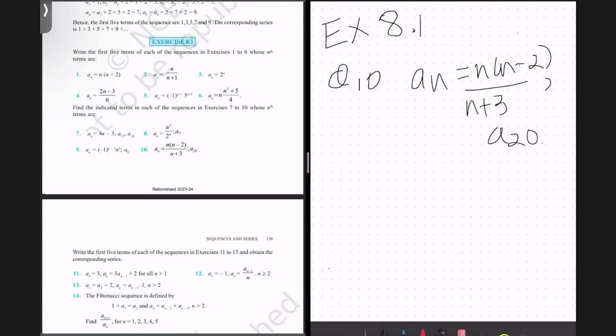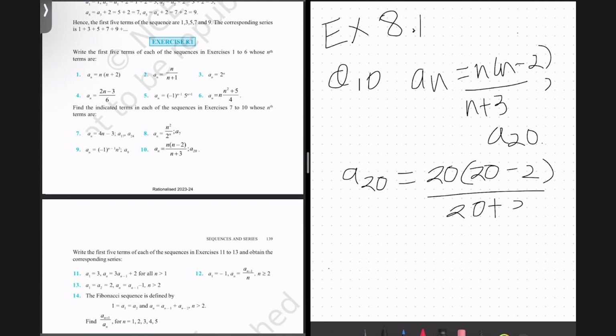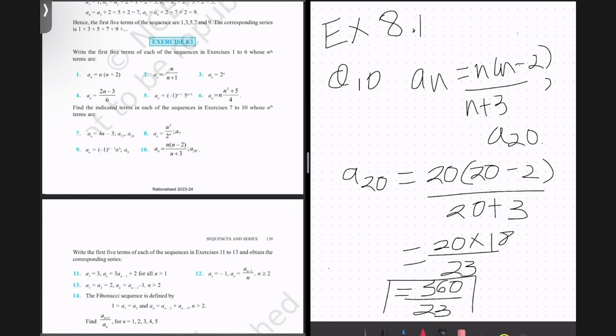So we need to find the 20th term of this particular sequence, right? So A of 20, which will describe the 20th term, would be 20 into 20 minus 2 upon 20 plus 3. Correct. So 20 into 18 upon 23. 20 into 18 is going to be nothing but 360 upon 23. Correct. So that is your 20th term of this sequence.